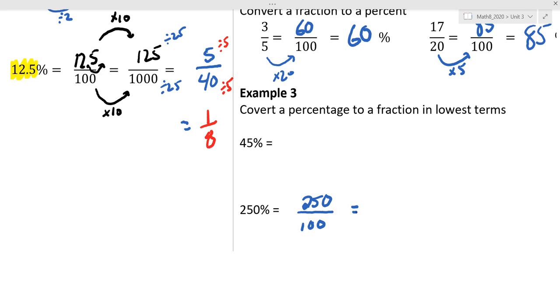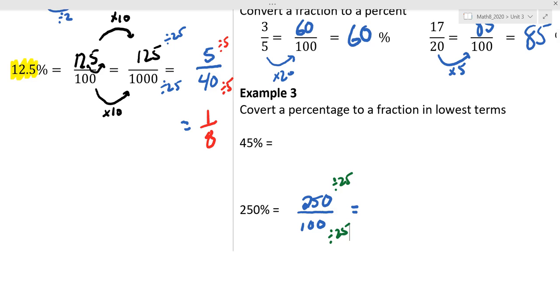Okay, so is this in lowest terms? No. How can we reduce this? You can divide by 25. So the top number divided by 25 is what? Can you divide it by 50 too? You probably could.